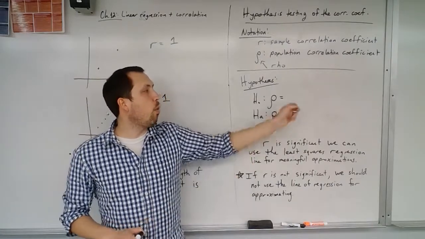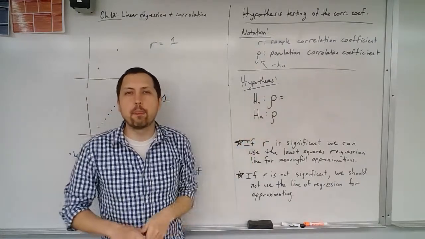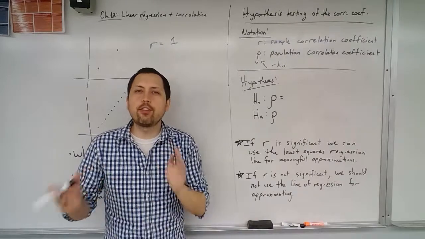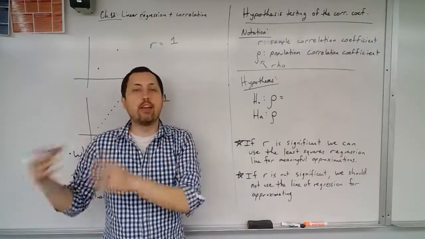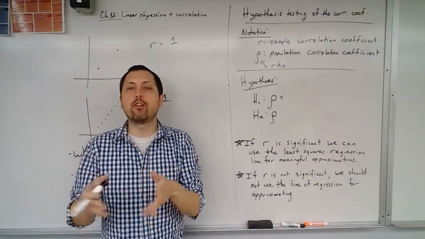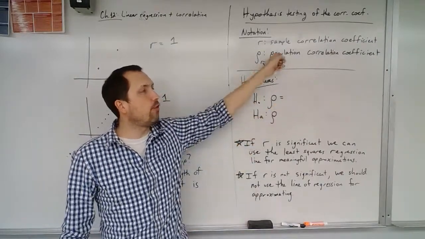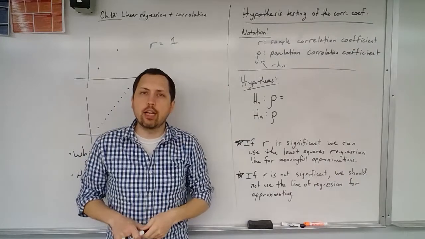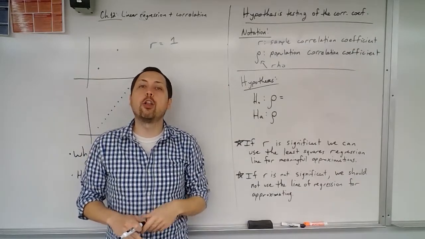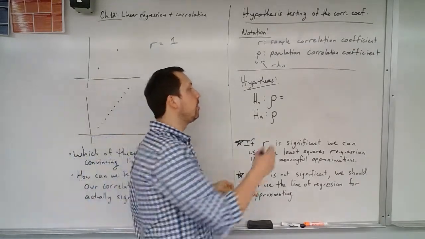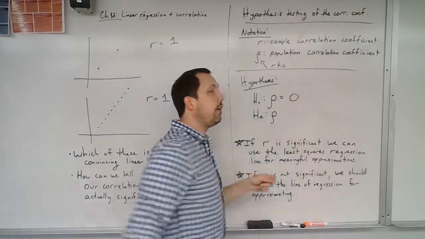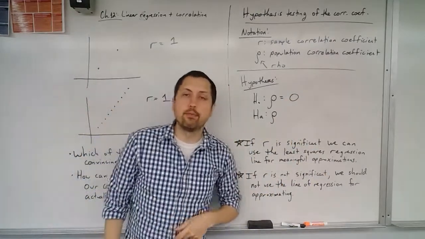So if we think about what the null hypothesis would say, normally with the null hypothesis we're saying, what if there is no difference, or what if there is no relationship? What if there is nothing going on here? So if we think about the correlation coefficient, when there's no linear relationship, it's going to be close to 0. So indeed, the null hypothesis will always be rho is equal to 0.